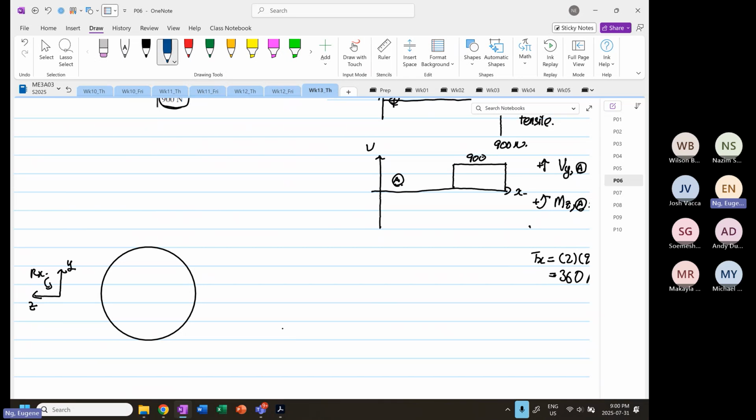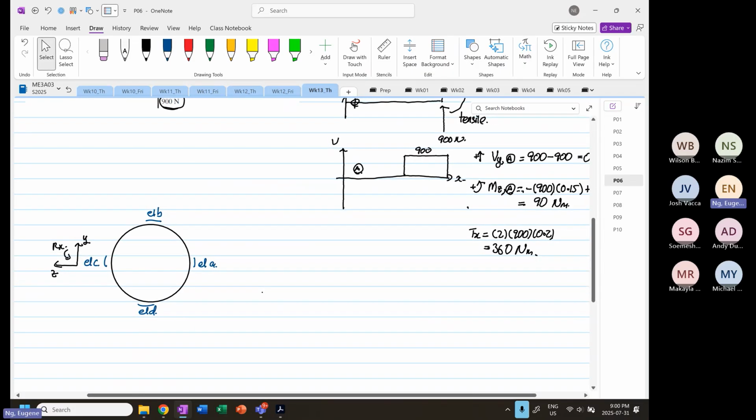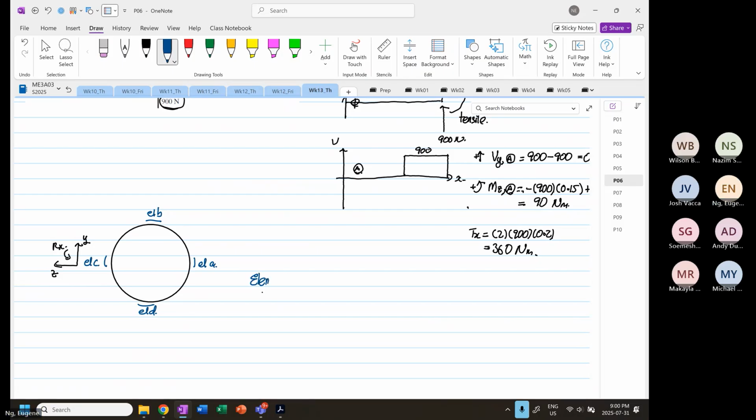Remember when I taught you questions like that, we have element A, element B, element C, and element D. The shear, which is equal to TR over J: element A will see TR over J, element B will see TR over J, element C will see TR over J, and element D will also see TR over J.